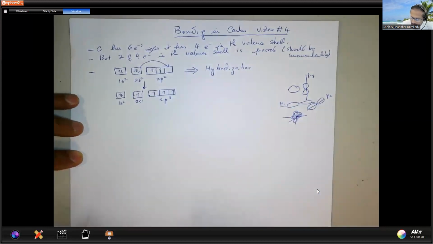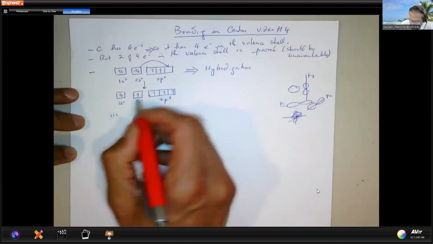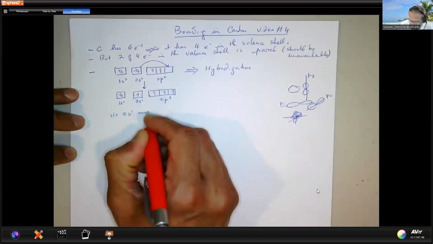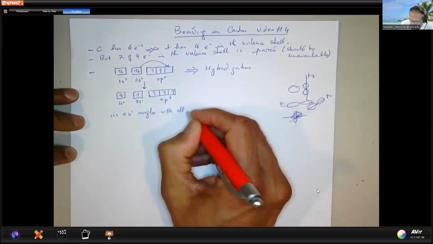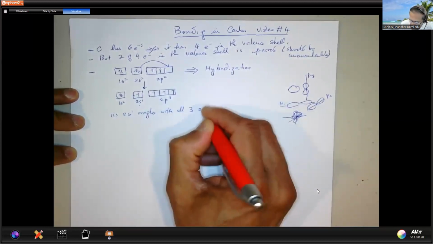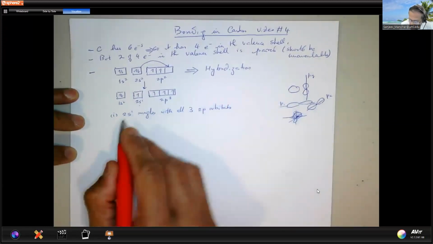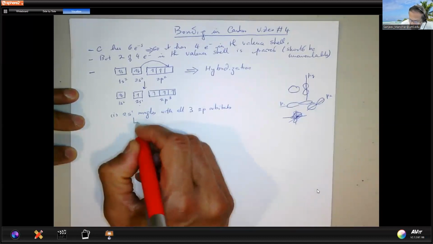So now the question is, there are 3 ways in which this can mingle or hybridize. 1, the 2s1 mingles with all three 2p orbitals. Okay, what does that do?